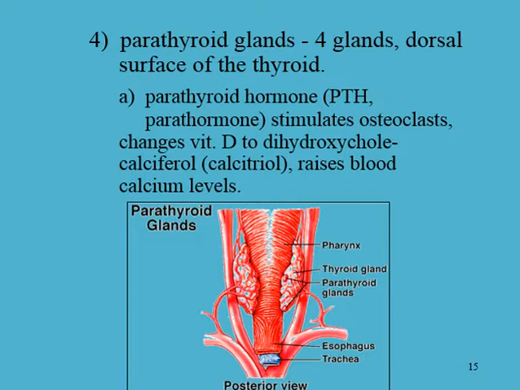So thyrocalcitonin, recall, lowered blood calcium levels. Parathyroid hormone will raise blood calcium levels, and it raises blood calcium levels because it stimulates osteoclasts, right? Remember osteoclasts in anatomy? The bone eaters.